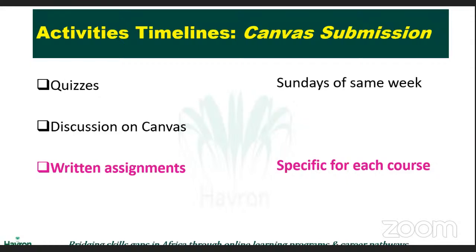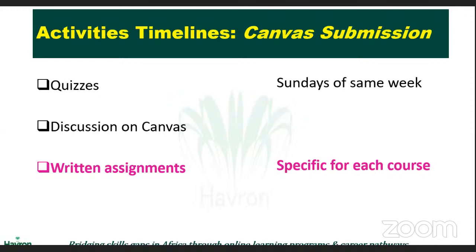Because the materials come in video formats, they come in audio formats, they come in printed formats. They can come in Excel, they can come in Word, they can come in PDF. And you have the option to download them and study them offline. Now, the quizzes you submit every Sunday.